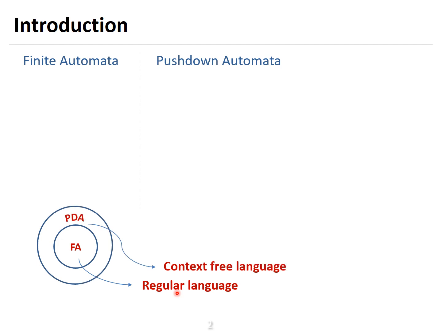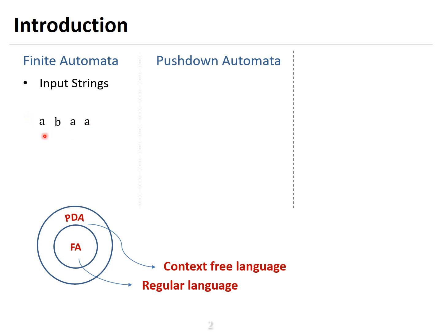Then PDA accepts context free languages. Understand that finite automata have a data structure: there is an input string, like b a, say one of the strings. It can be anything.